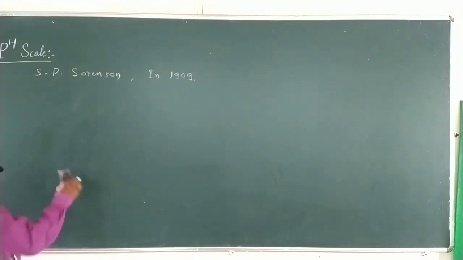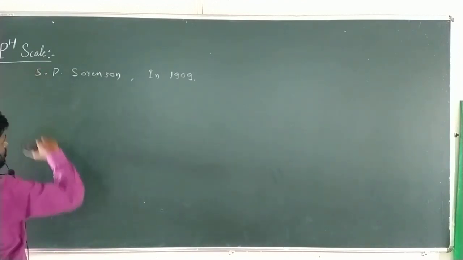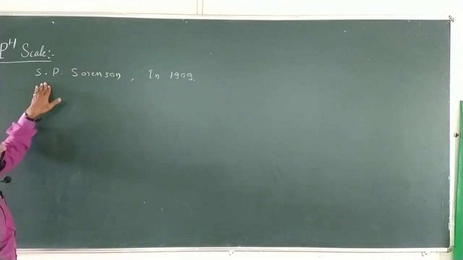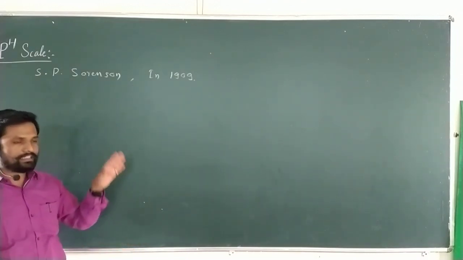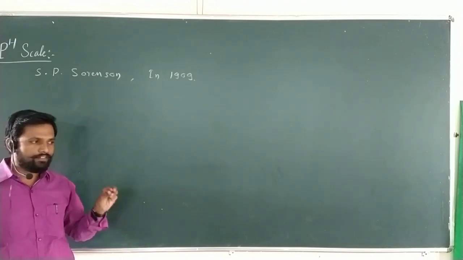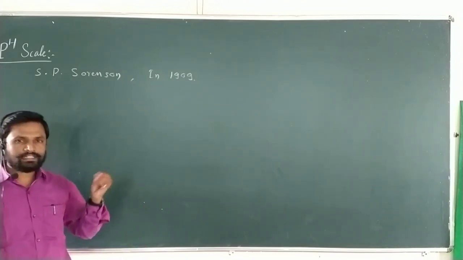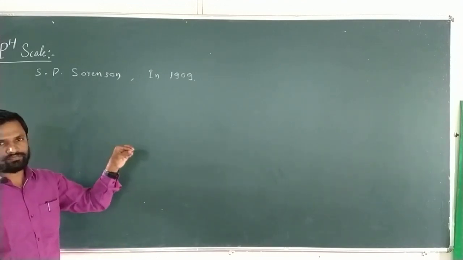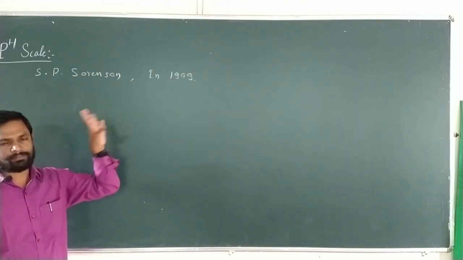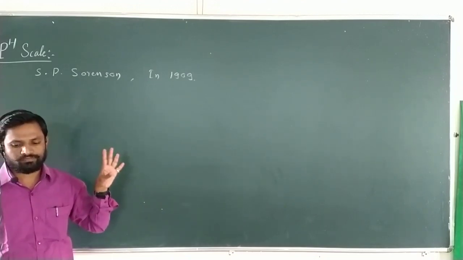So, the pH scale, introduced by S.P. Sorensen in 1909, is used to measure whether the nature of a given substance in an aqueous solution is acidic or basic.